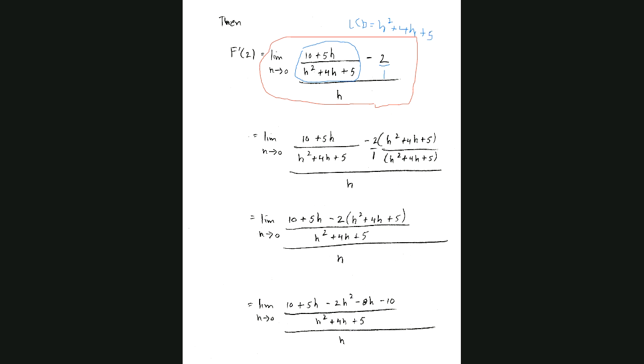And so this will be our next step here, to multiply the 2 by h squared plus 4h plus 5 over h squared plus 4h plus 5. Take a moment, copy it down.